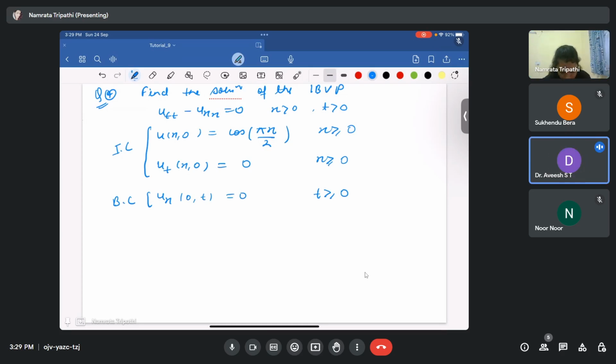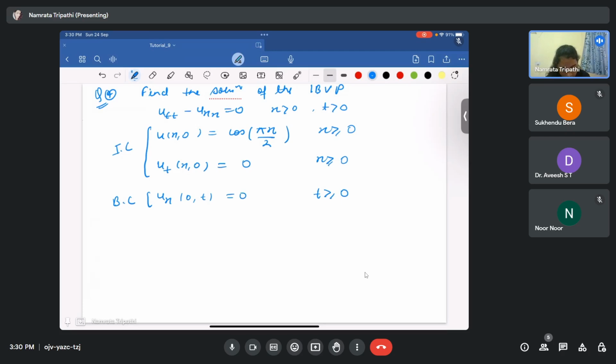Yes, 1 by 2 [cos of pi of x plus t by 2 minus cos of pi of x minus t by 2]. C value is 1. So in the second case, there are two solutions, when x is from 0 to t and x is greater than t.